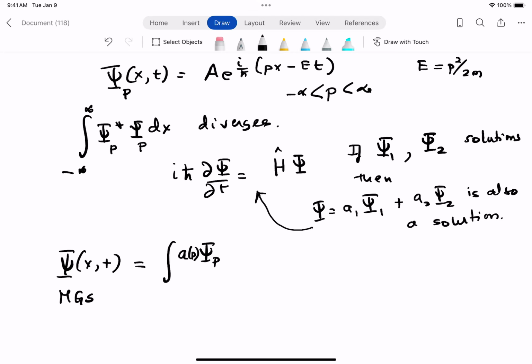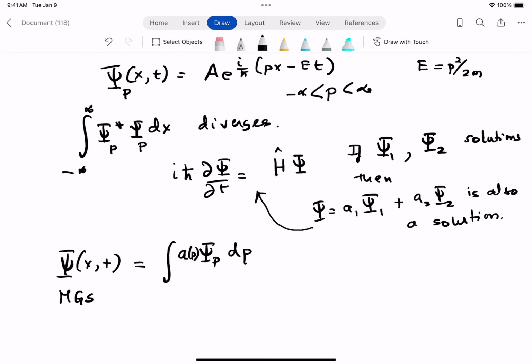That's why I'm writing it as a function of p. That's analogous to the a1, a2 that I was writing. Instead of summing, you take an integral over all p. So that's the analog of, if I had a certain number of discrete solutions, then I would do a1 psi 1 plus a2 psi 2 plus a3 psi 3 and add them all up.